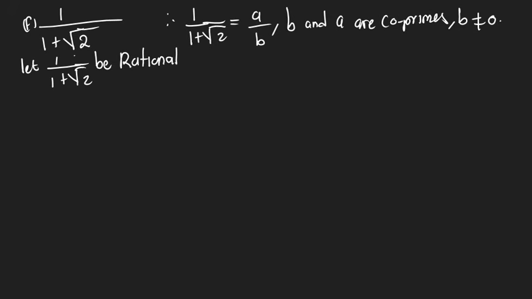Now, let's try to work out this first. So I'm going to show you how to work out this. Whenever you're dealing with surds, you need to cancel the denominator. You need to put the denominator in a whole number, not a surd. How do you do that? Just change the sign here.